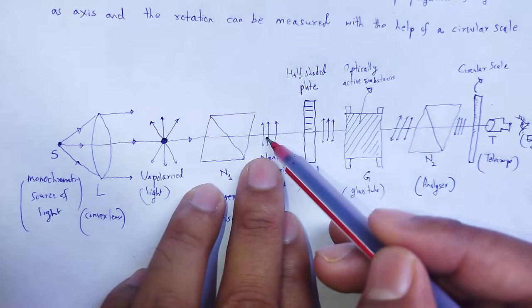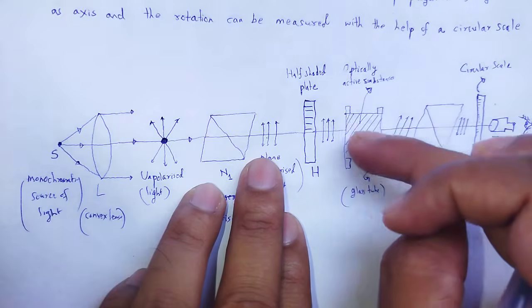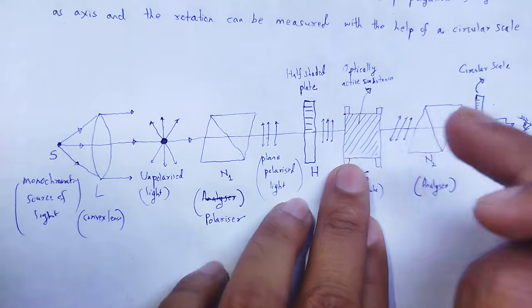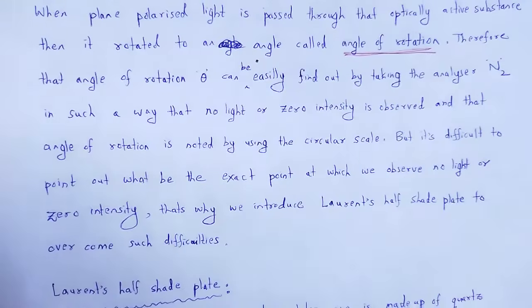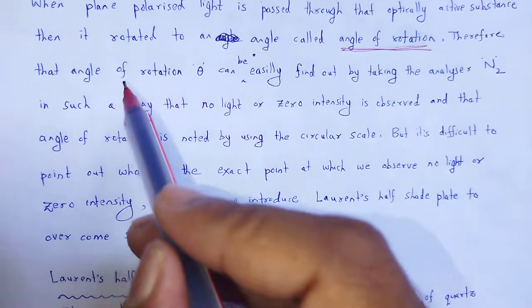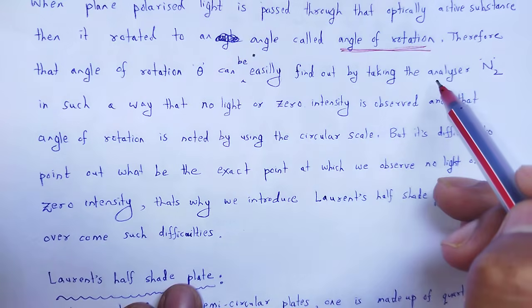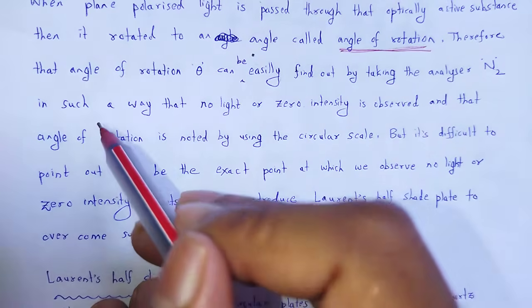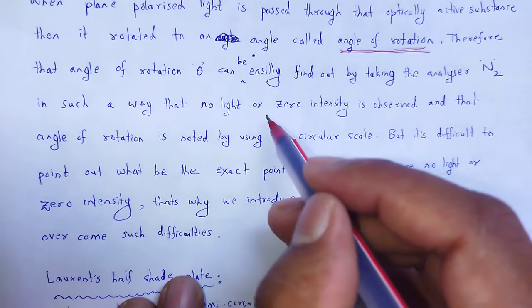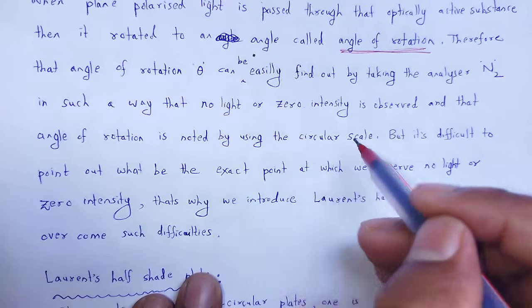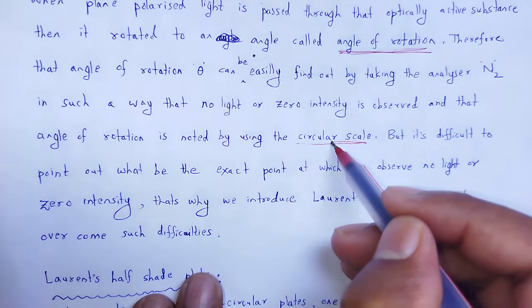When polarized light passes through the optically active substance, it is rotated through an angle called the angle of rotation. Therefore, the angle of rotation theta can be easily found by setting the analyzer N2 in such a way that no light or zero intensity is observed, and that angle is noted by using the circular scale.